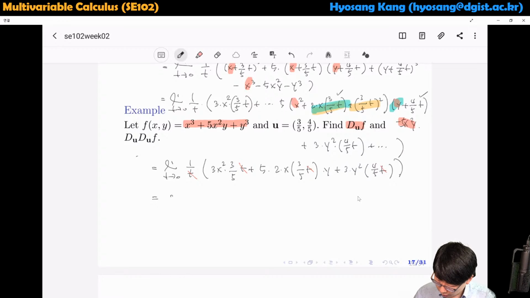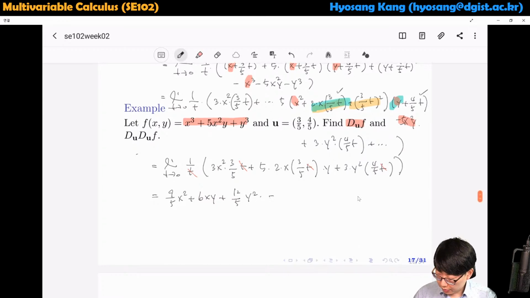So we get 9 over 5 x squared plus 6xy plus 12 over 5 y squared. So that's the two variable function duf.